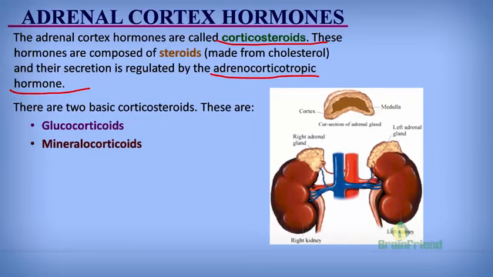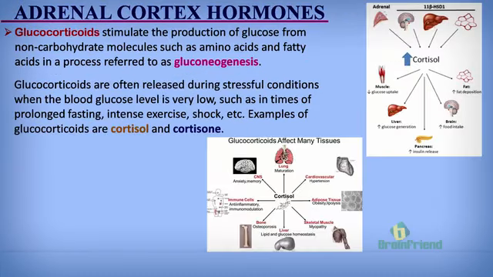We learned about it when we were looking at the hormones secreted by the anterior pituitary gland. We said the adrenocorticotropic hormone, which is ACTH, regulates the secretion of adrenal cortex hormones. Corticosteroids are classified into 2 groups. We have the glucocorticoids and the mineralocorticoids.